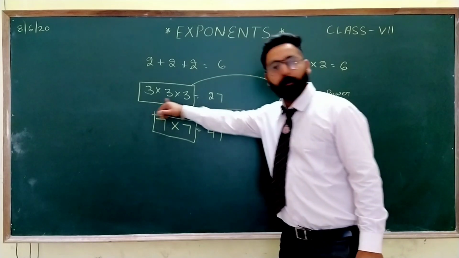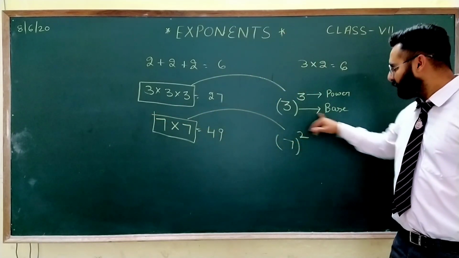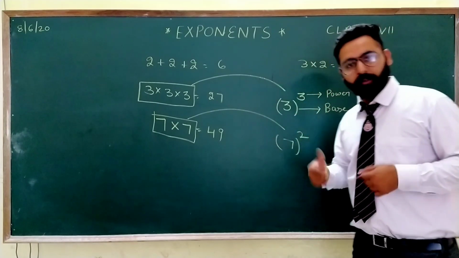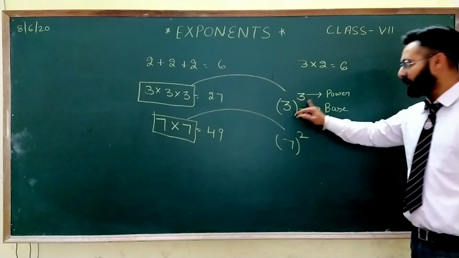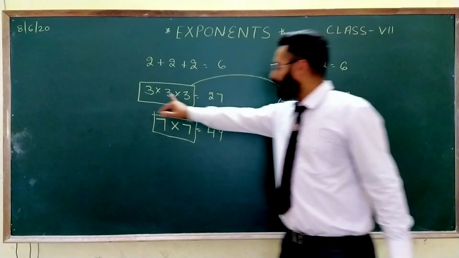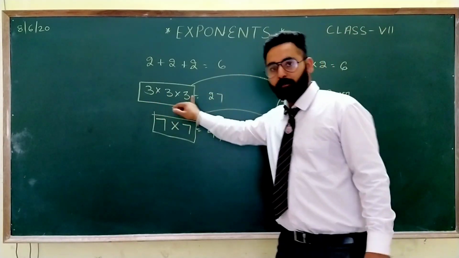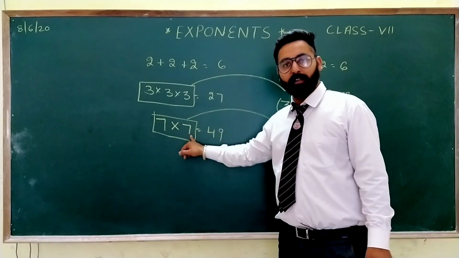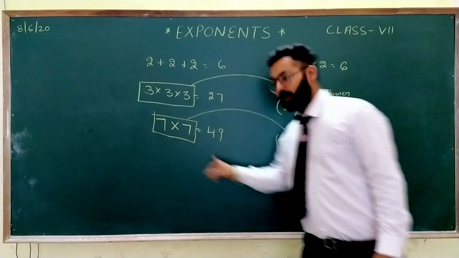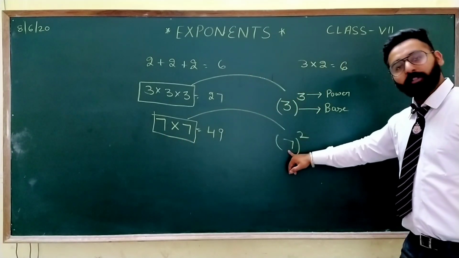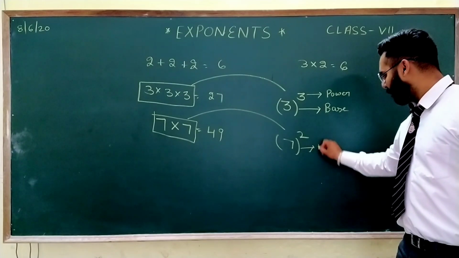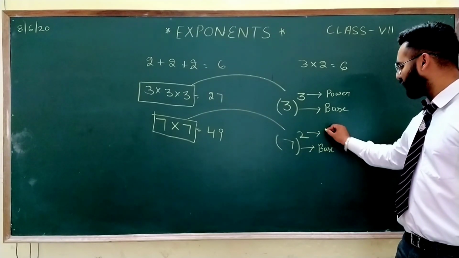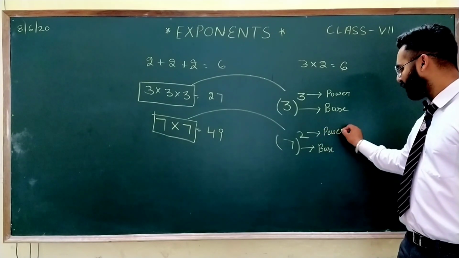Like here 3 is multiplied by itself, so we call it the base. The number of times it is multiplied by itself is known as the power. Here 3 is multiplied by itself 3 times, so the power is 3. In the same way, 7 is multiplied by itself 2 times, so the power is 2. The number is 7, so it is the base, and 2 times it is multiplied by itself, so that is the power.